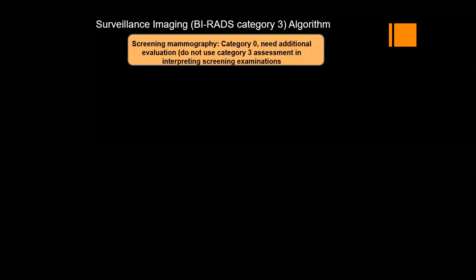We said, hello? We said screening mammography category 0 needs additional workup. On screening mammography, we should not report it as category 3. We categorize it as 0 until the diagnostic workup finds the lesion to be probably benign, then it is interpreted as BIRADS 3 assessment.